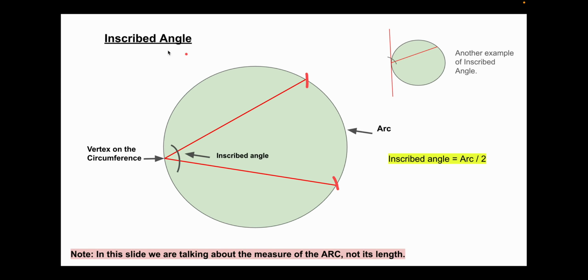Like this case, inscribed angle, the vertex is on the circumference of the circle, created by two chords, intercepting this arc, and this arc is equal to 2 times the angle, or vice versa, the angle is equal to half the measure of this arc. This type also is an inscribed angle where we have a chord and a tangent, and this angle here is half the intercepted arc, which is this one. Another example of an inscribed angle.